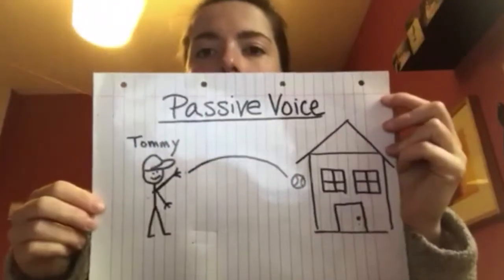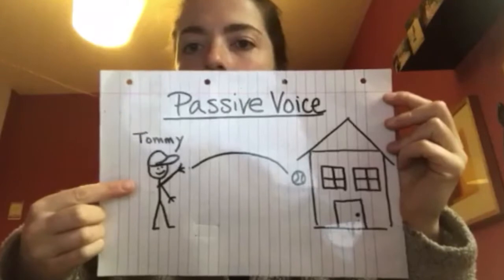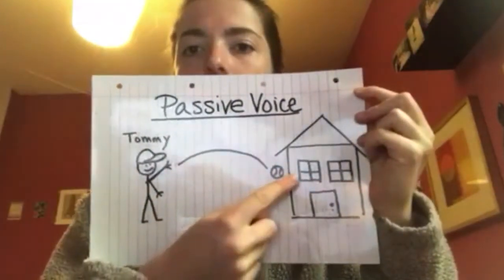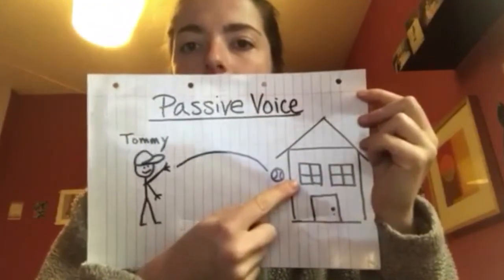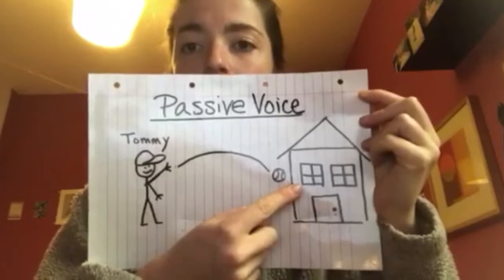Now, let's imagine that Tommy is playing with his baseball. He throws the baseball too hard and it goes into the window of his neighbor's house and it breaks the window.